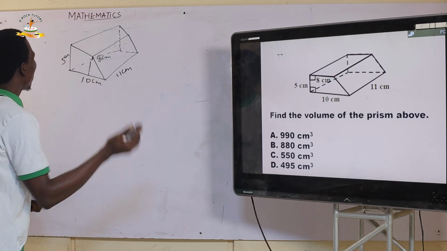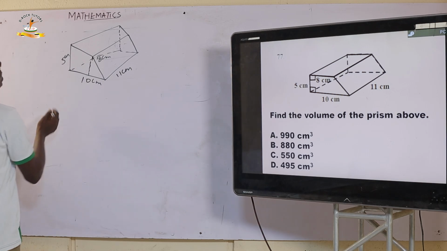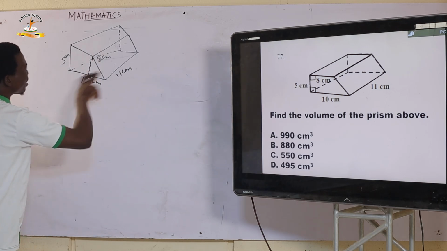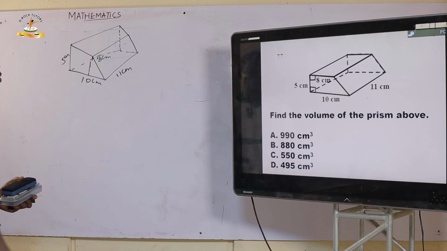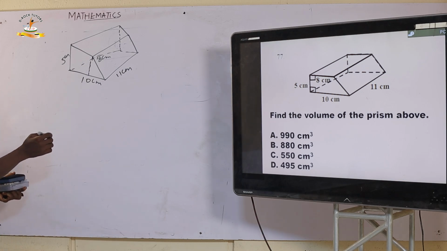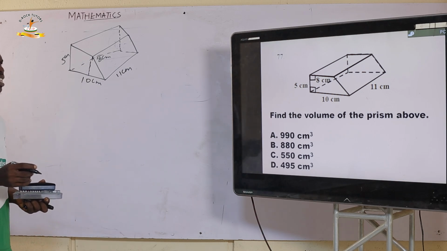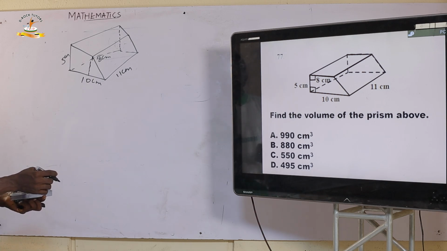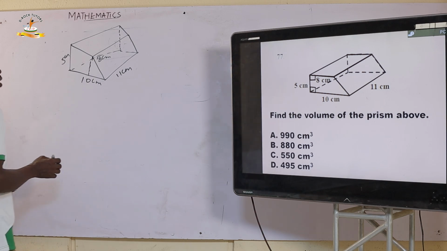For the rectangle, let's find the volume of the rectangle. It's just going to be length times breadth times the depth, which you can also call the height. The length of the base is going to be 8, multiplied by 5.